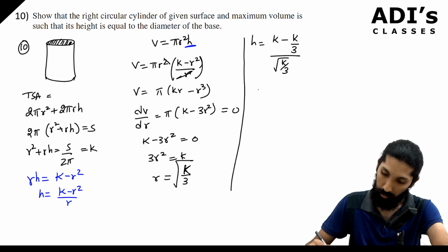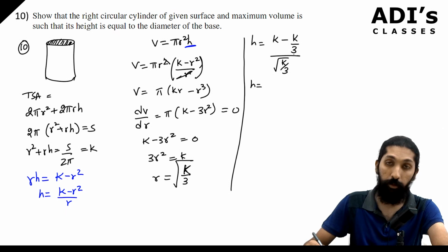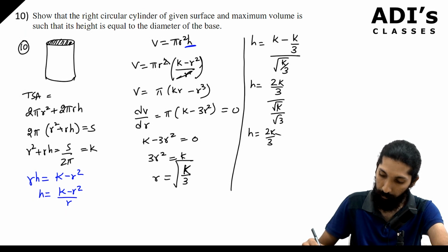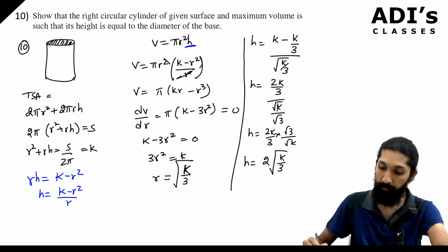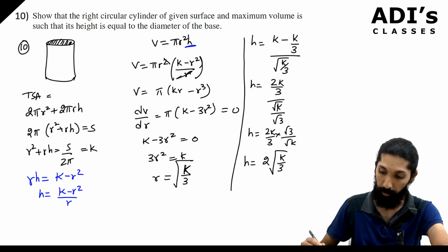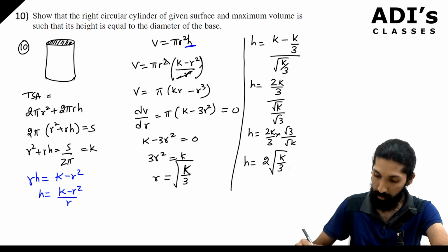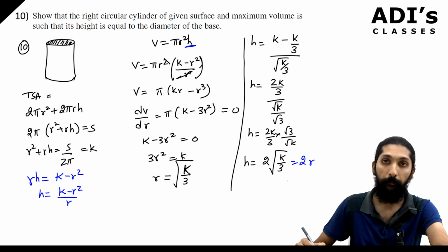If you take LCM in the numerator, you'll get 2k by 3 by root of k by root of 3, or h is equal to 2k by 3 into root 3 by root k. So can we write this as h is equal to 2 times root of k by 3? But what is root of k by 3? r. So can we write this as 2 times r?